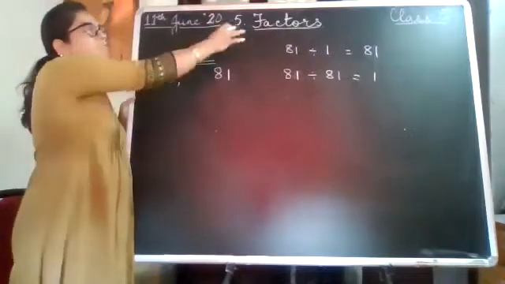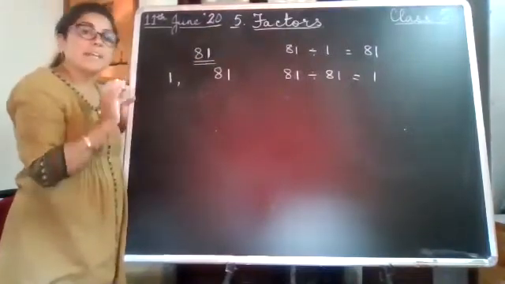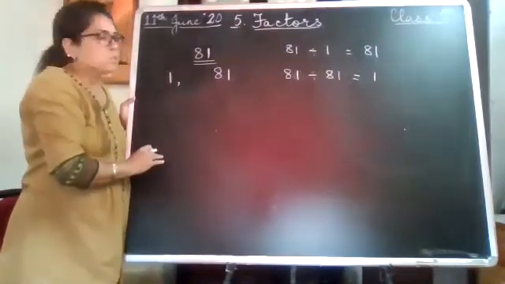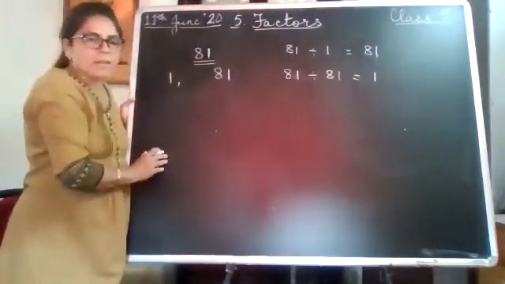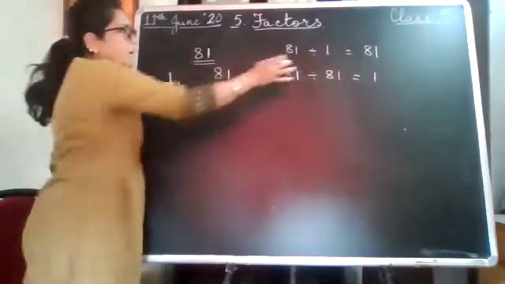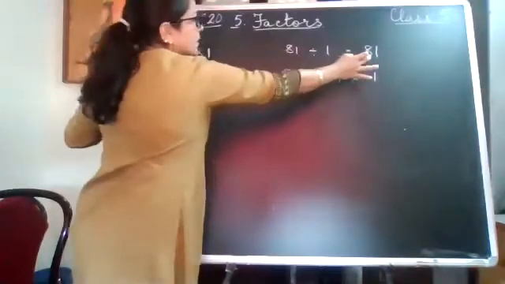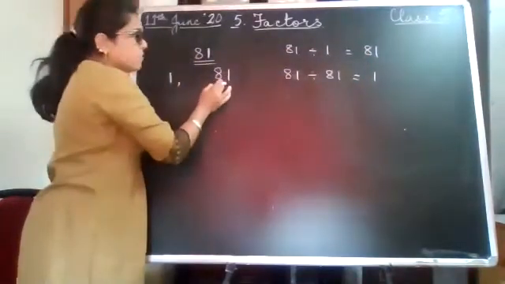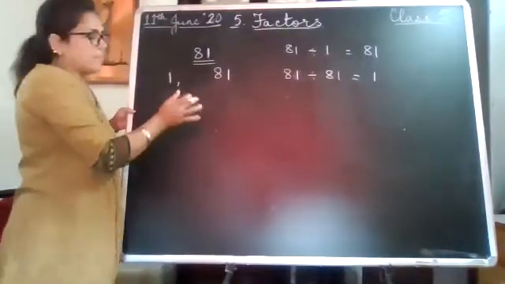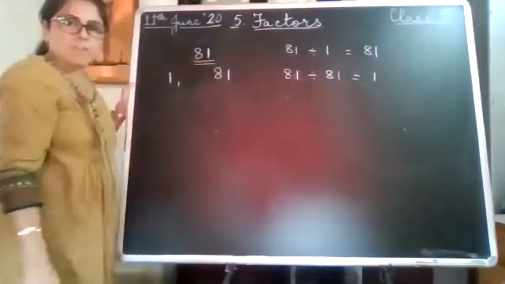So what is the meaning of a factor? A factor is a number that can divide a given number. So here the given number is 81. 1 can divide 81 fully. 1 will divide 81 81 times. And 81 also can divide 81 one time. 81 ones are 81. So both of these are factors of 81.